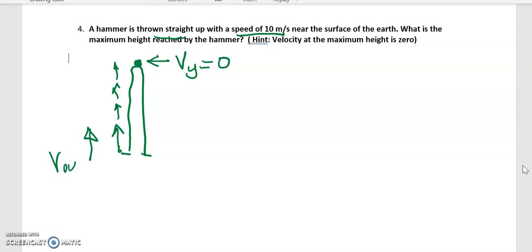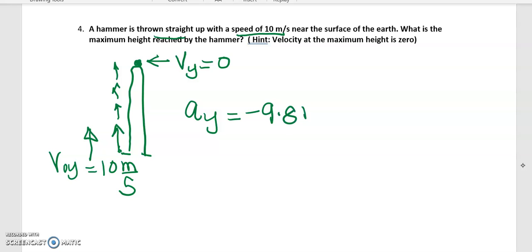So v naught y is equal to 10 meters per second. And we also know the acceleration for an object in free fall is always equal to negative 9.8 meters per second squared. It's negative because we take up as positive. Acceleration due to gravity is always downwards.